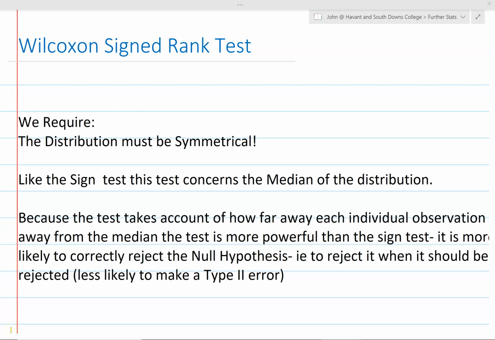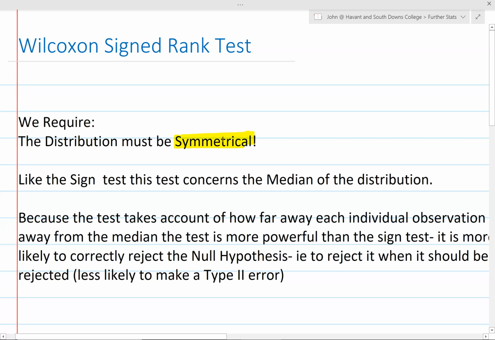Okay, looking further at non-parametric tests, we're moving on to the Wilcoxon signed rank test in this video. The one thing I should say first of all, it's quite important, is that we do assume that the distribution is symmetrical, otherwise this test won't work. It's not always true, though.